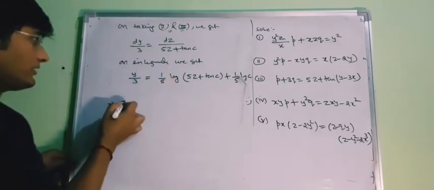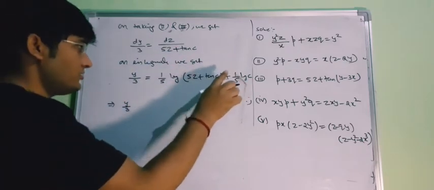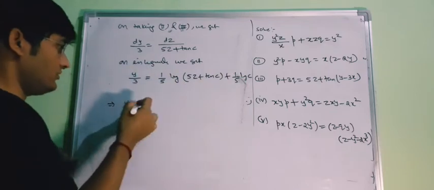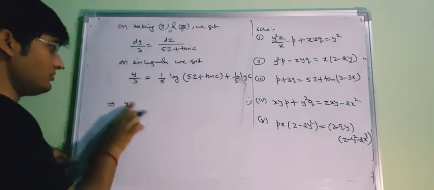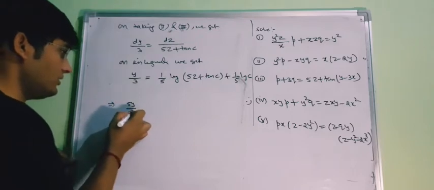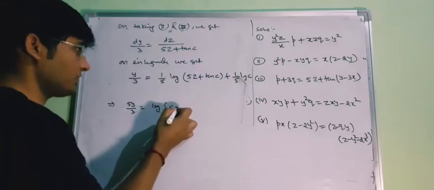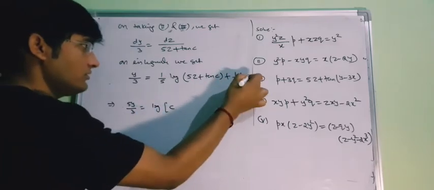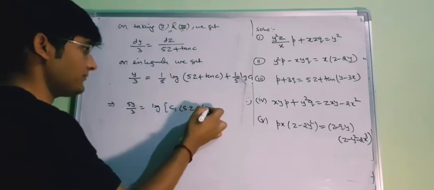So from here, take this 5 here, so you will get 5y by 3 equal to log a plus log b. This will be log a into b. So this is your c1. So we will get c1 into 5z plus 10c.